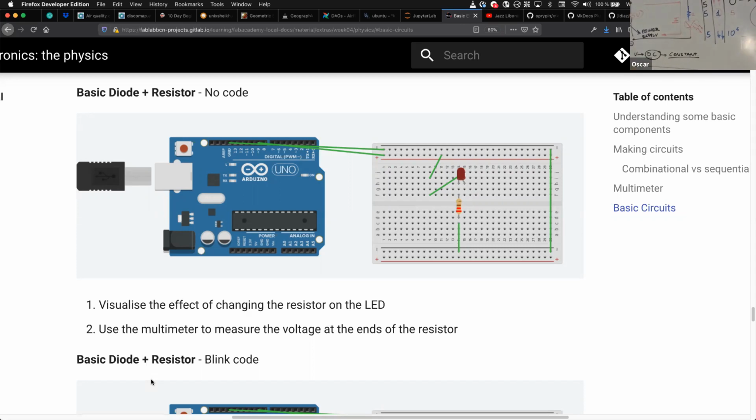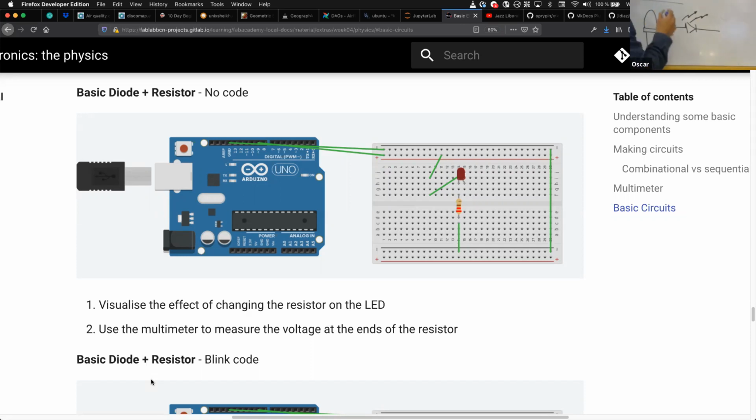Okay, positive and negative go where? The negative is ground, positive goes to 5 volts. Okay? LEDs, one comment. LEDs look like this, and they are represented with this symbol. There you have the LED.